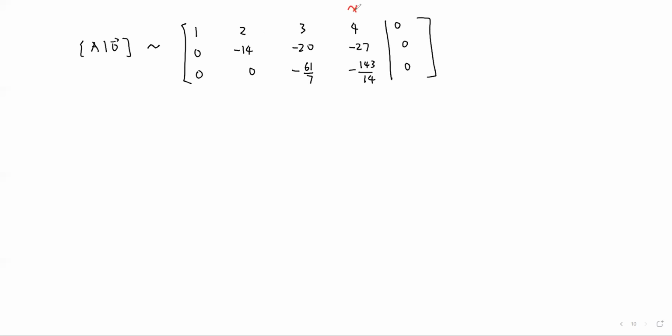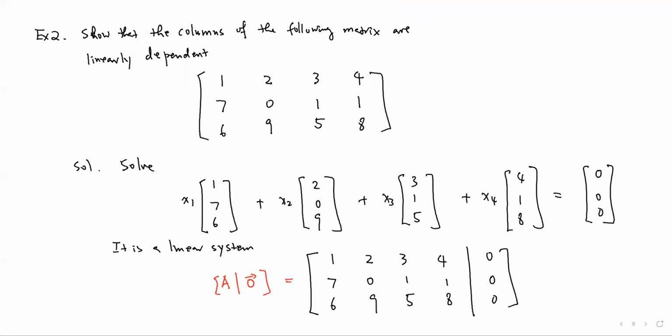But X4, the fourth column, contains no pivot, so X4 is free. Now I can make a conclusion. Since X4 is a free variable, go back to this vector equation, which I will call double star.